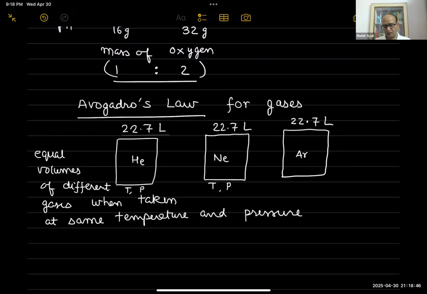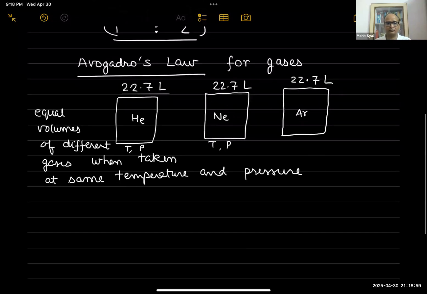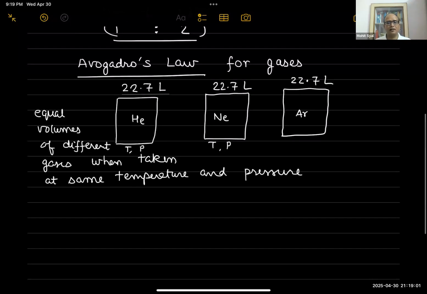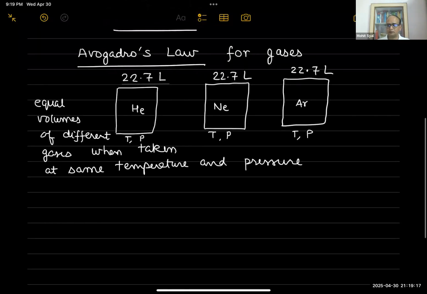So Avogadro law for gases is related to the number of particles only. When equal volumes of different gases are taken at same temperature and pressure, they contain equal number of particles.